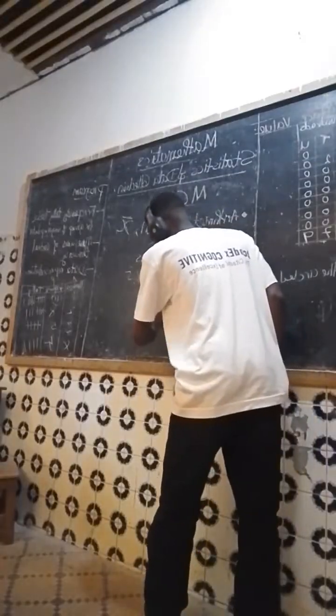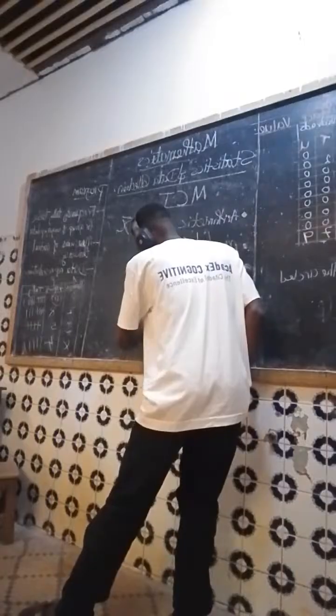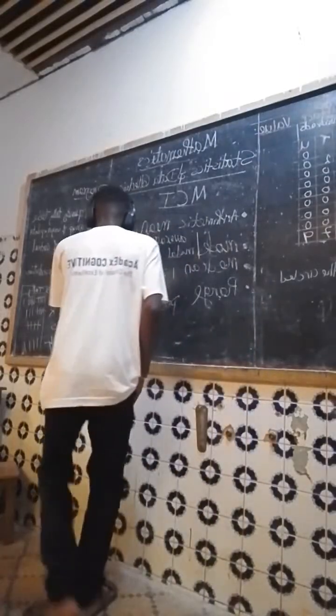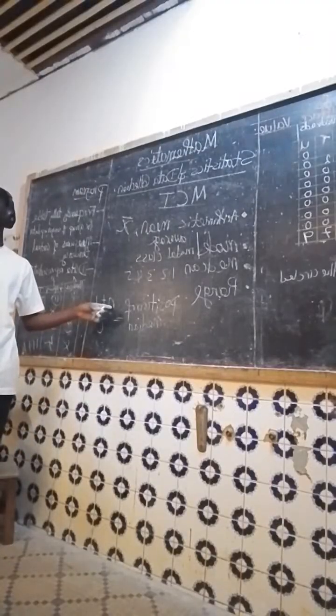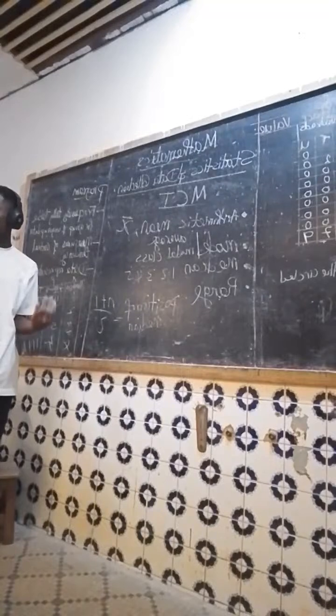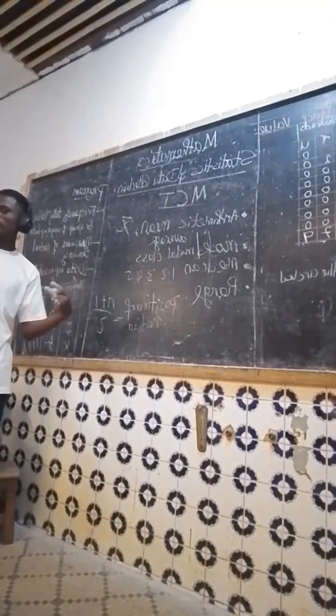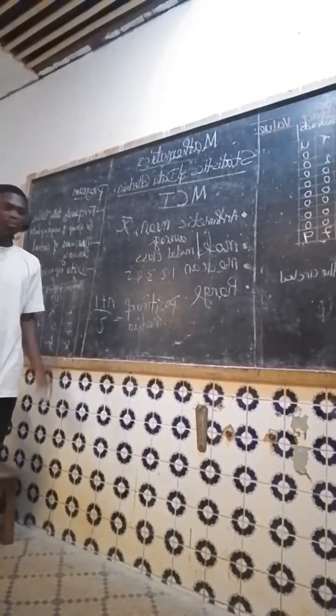The position of your median is the number plus 1, divided by 2, to know where the median is. When you know where it is, you go to that position. Any number in that position is your median.